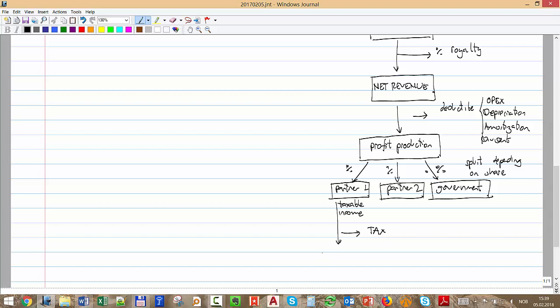And here I have at the end finally the net cash flow. Okay? So it's very similar, but you have first the splitting in production before you go to calculate the tax.